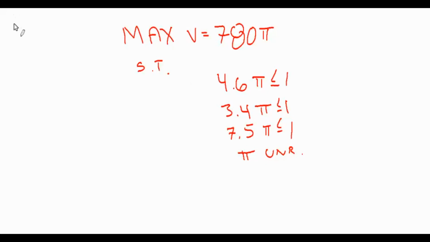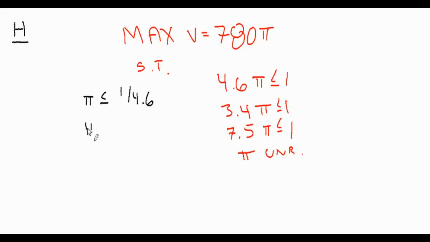So now we can do part H, which wants you to solve this dual by inspection. Well, that's pretty easy. Let's just rearrange these constraints a little bit by dividing through by the left-hand side. So the first one is going to be pi is less than or equal to 1 divided by 4.6.